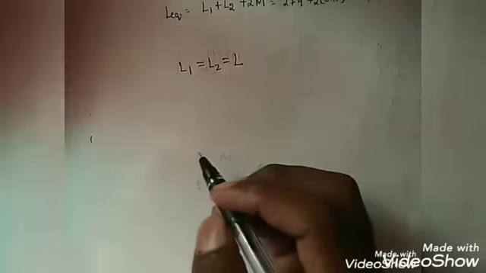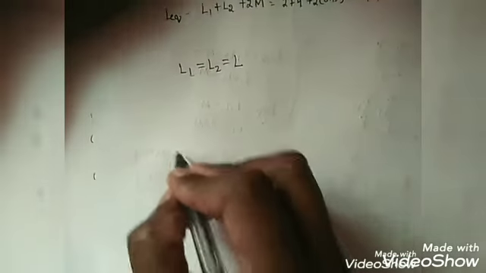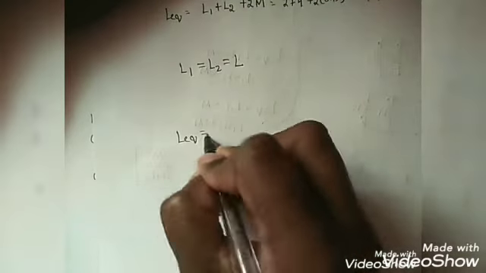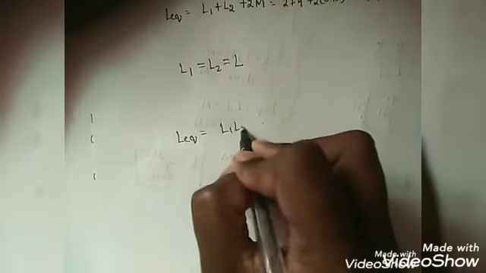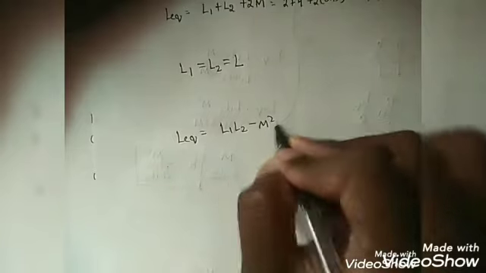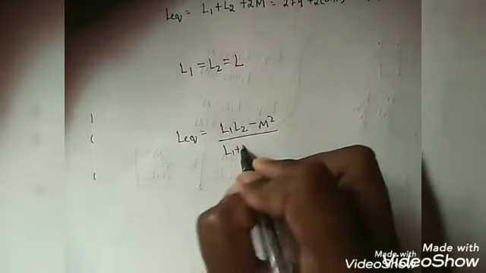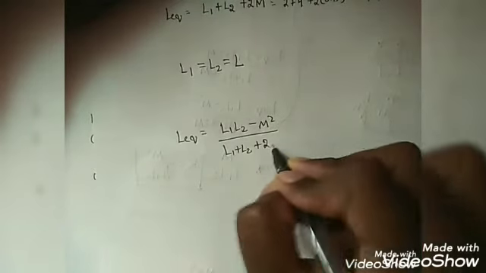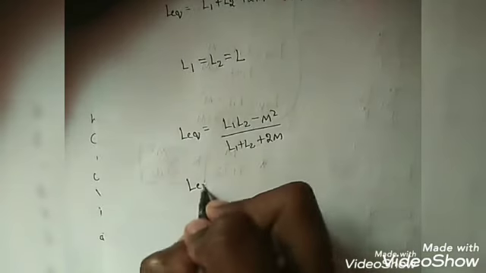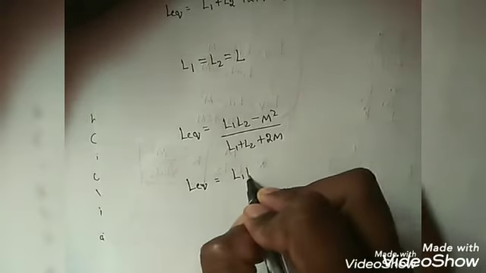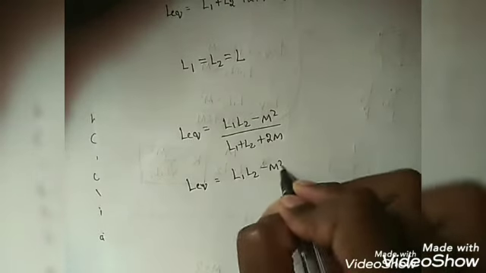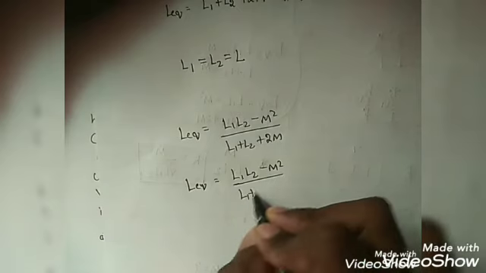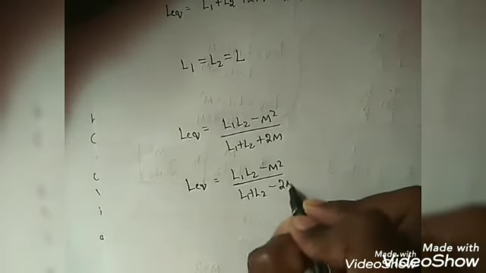Why they have used the word maximum is that we have two formulas to calculate the equivalent inductance in parallel. L equivalent is equal to L1 L2 minus M squared divided by L1 plus L2 plus 2M, and the second formula is L1 L2 minus M squared divided by L1 plus L2 minus 2M.